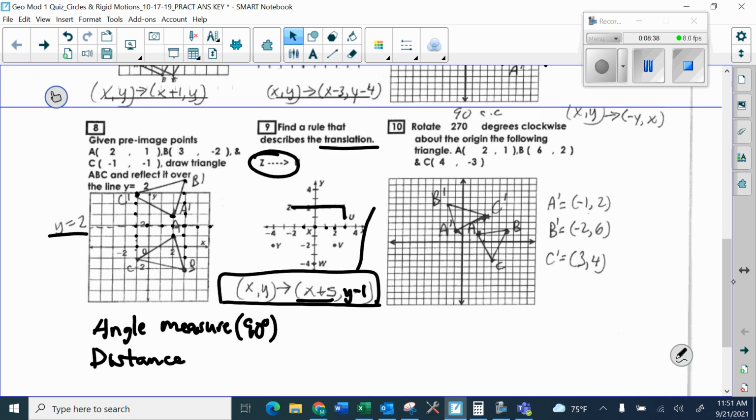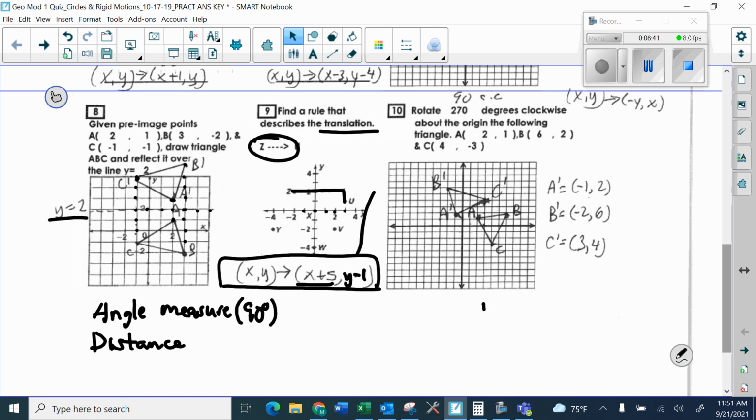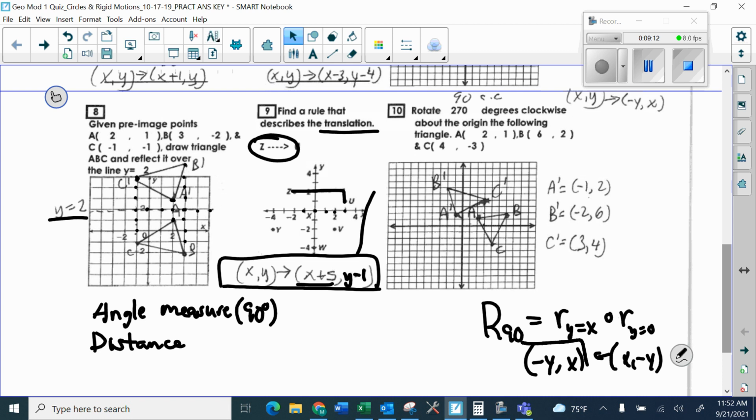So I remember a rotation of 90 degrees is reflection over the line y equals x following reflection over the x-axis, which is y equals 0. Okay, so how do I reflect anything over the x-axis? The y-coordinate gets switched. How do I reflect anything over the line y equals x? Then you switch x and y, so that becomes (negative y, x). So there's my rule for a rotation of 90 degrees.